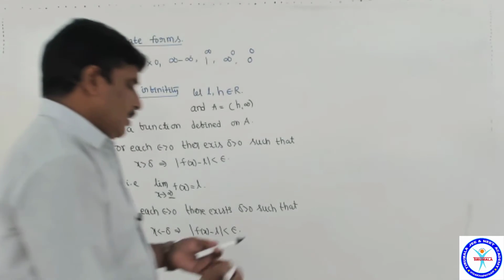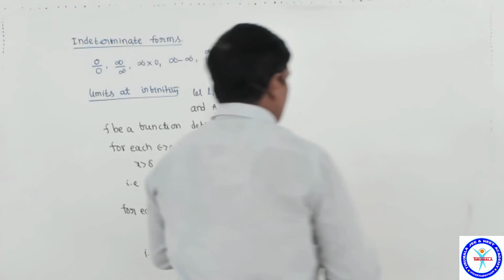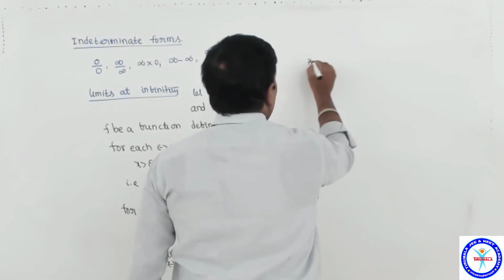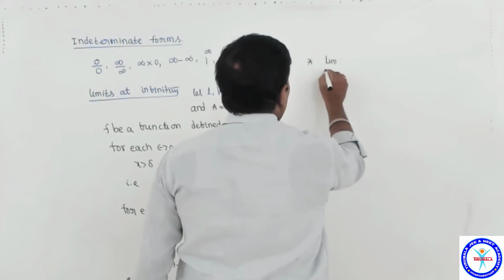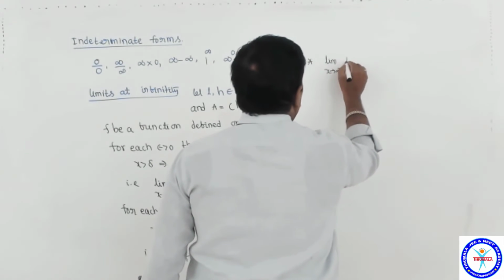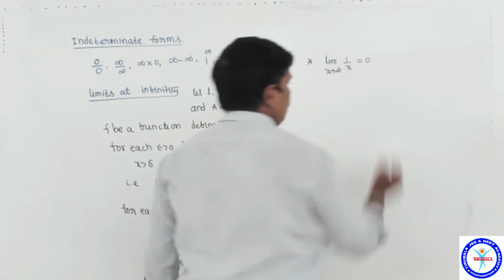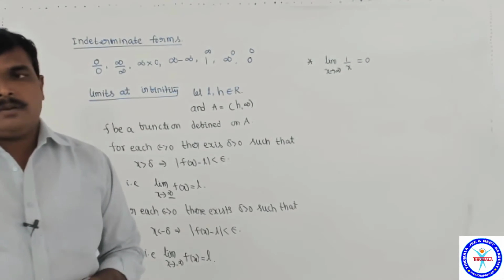Okay. So I want to give some examples. Limit x tends to infinity 1 by x equal to 0. So it's a very important result.